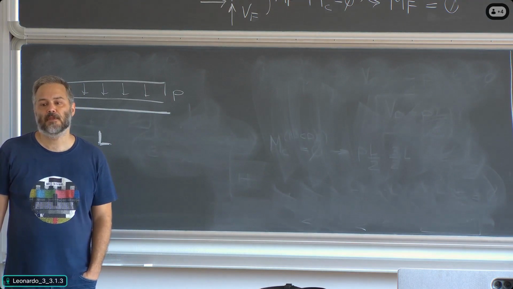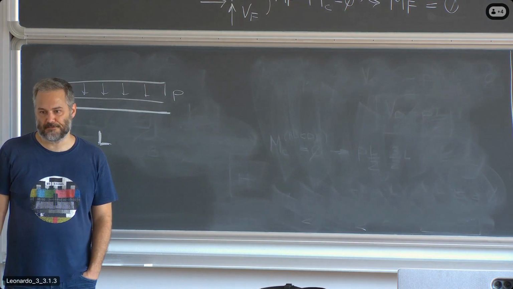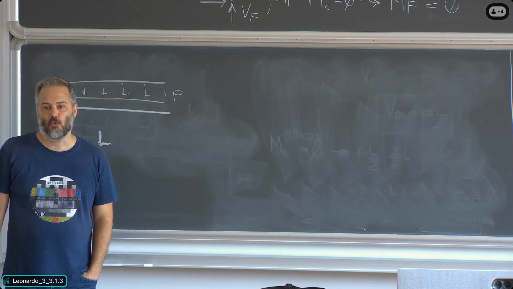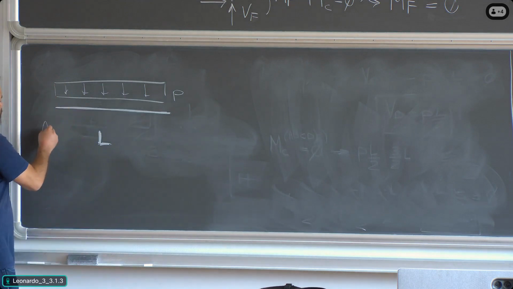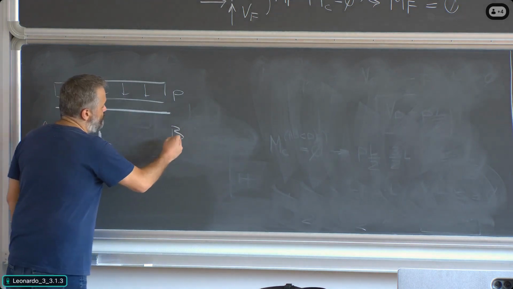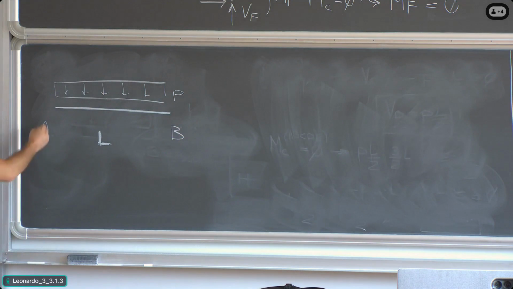Remember, we worked out VD in the first place. VD was PL divided by 2. We know the member AD is in tension, which means that at point A, from simple equilibrium considerations, we will have a force which points upwards, which is exactly equal to PL divided by 2.